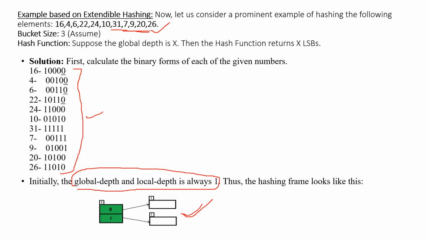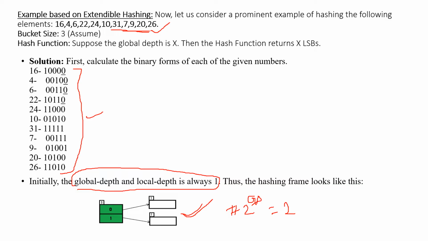Here the global depth is 1, which means the number of directories is 2 to the power of the global depth. My global depth is 1, so the total number of directories is 2.